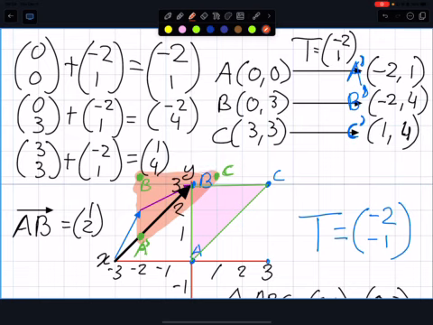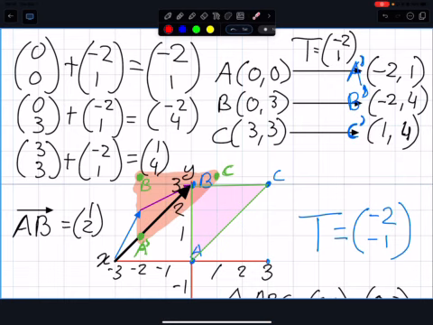After the translation, it should be standing like that. Yes? You should have something like this. 3 minus 2 is 1. This is the new translation.